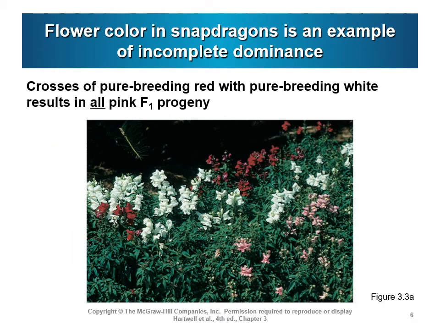Here is the snapdragon flower example for incomplete dominance. The parental alleles are white color and red color. However, the offspring expresses neither white nor red and has a new color, pink.